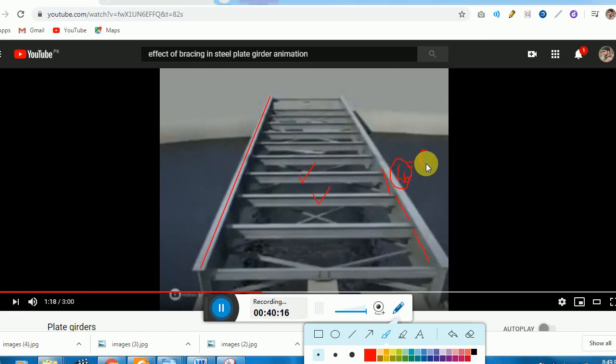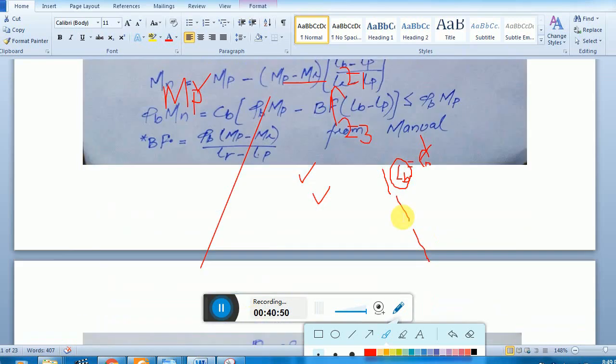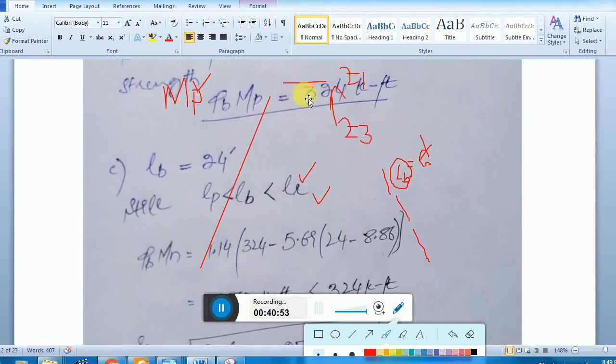Once you are decreasing your LB value, you are jumping from zone 3 to zone 1, and when you are jumping to zone 1, you get your maximum moment value, that is MP. So that is the basic effect of LB, and you show mathematically how it differs, how you jump from a capacity of 214, I think so, to 325. Okay, so that is the effect of LB.